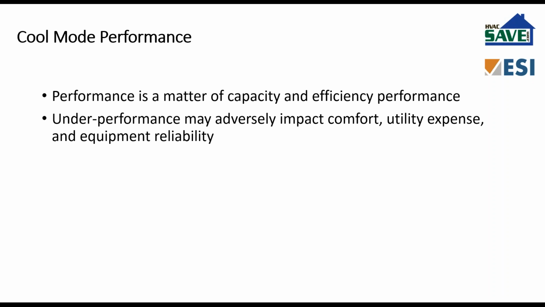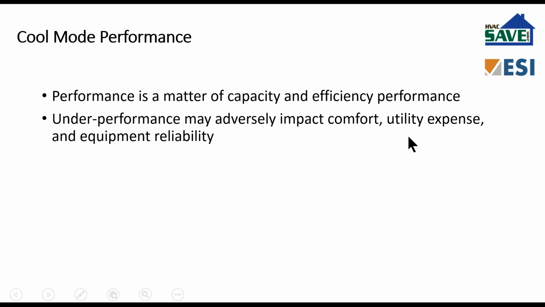Underperformance, which is realistic, may or will adversely impact comfort, utility expense, and equipment reliability. Okay? So if that installed air conditioner or heat pump operating in cool mode is under-delivering on its capacity and efficiency performance, then that will impact comfort.